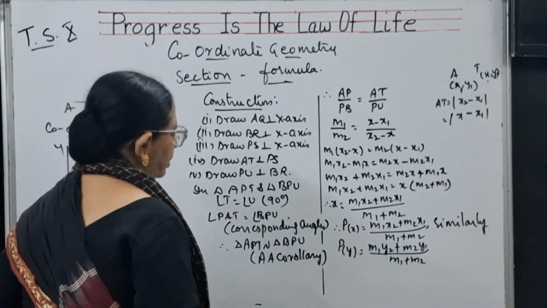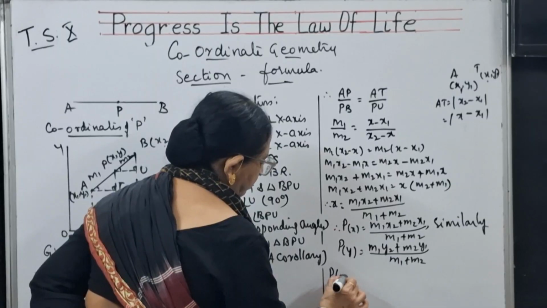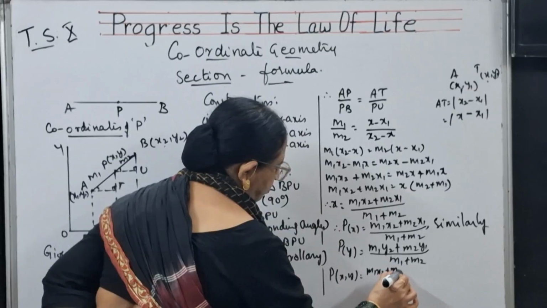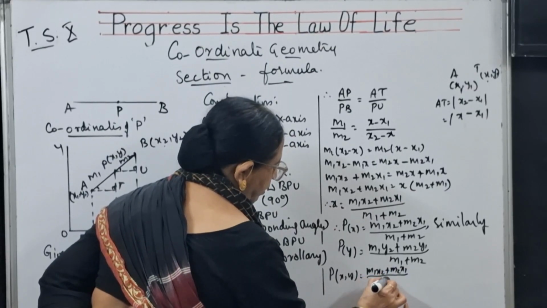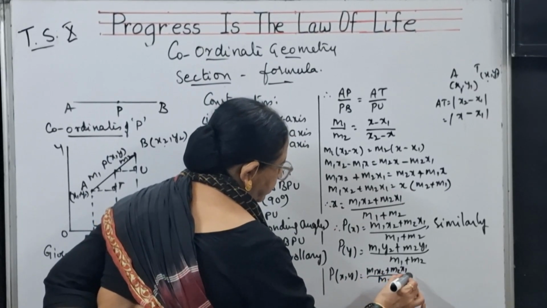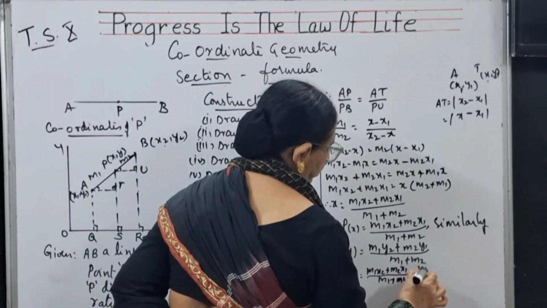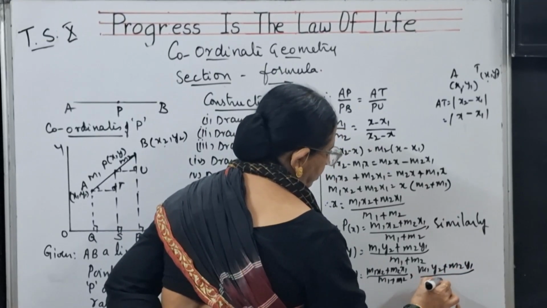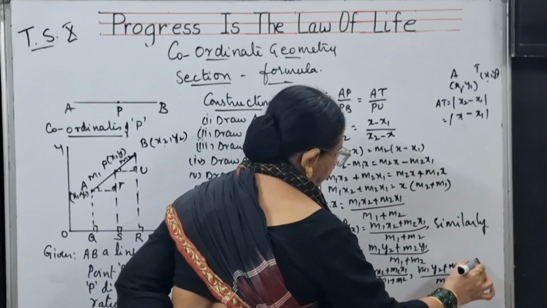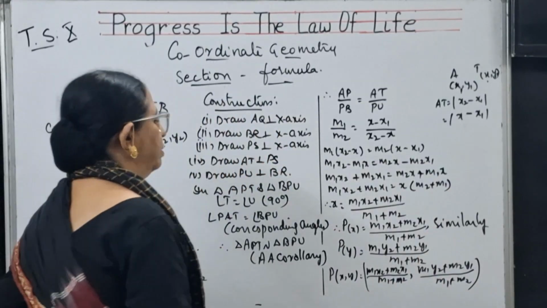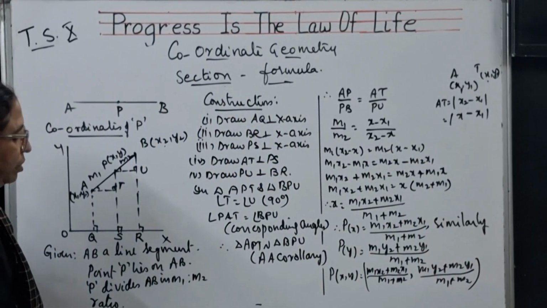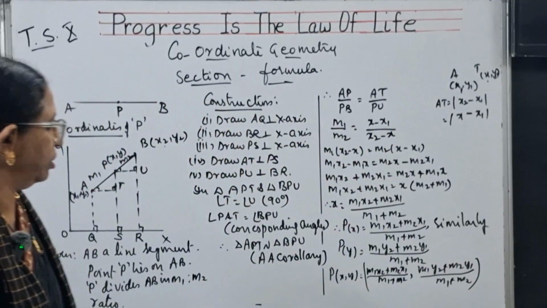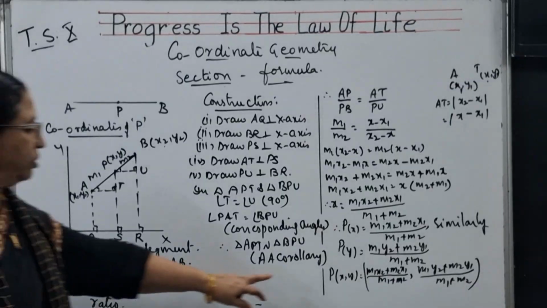P of x comma y is equal to m1 x2 plus m2 x1 by m1 plus m2 comma m1 y2 plus m2 y1 by m1 plus m2. This is the section formula, children. Please note it down. This is the derivation of section formula. So ultimately we have to remember this.